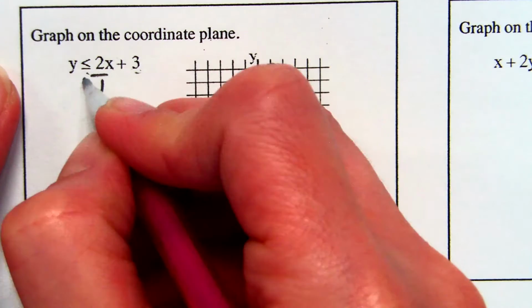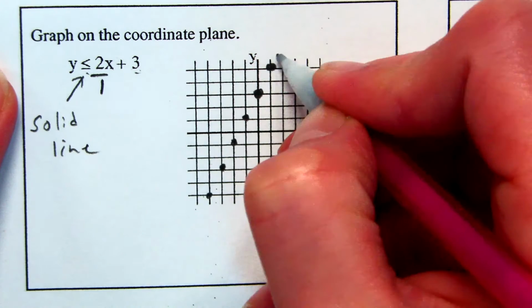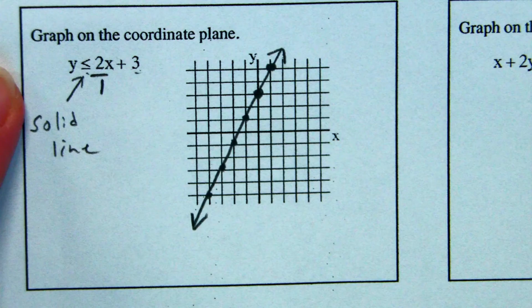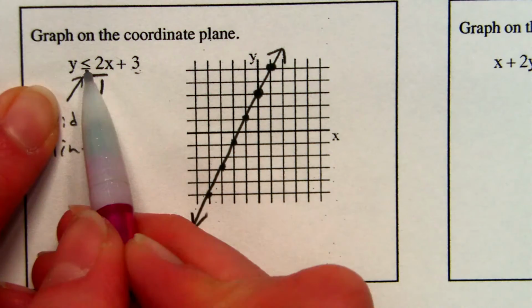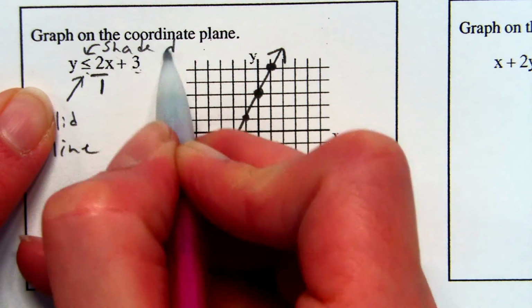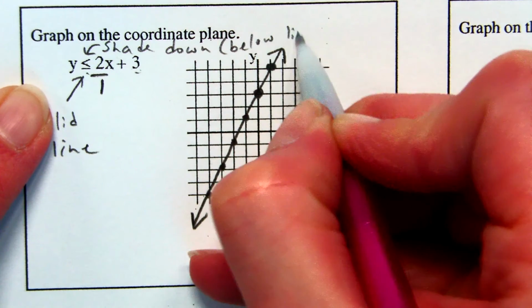I still have that equal to on there, so this is also going to be a solid line. So you just connect the points like you normally would. The only thing that's really different on this one is I have this less than symbol, which means we're going to shade down, or in other words, below the line.